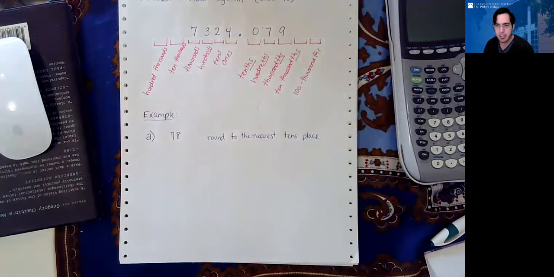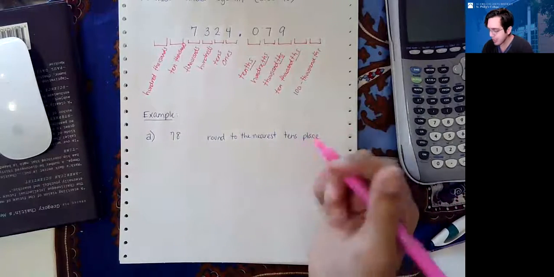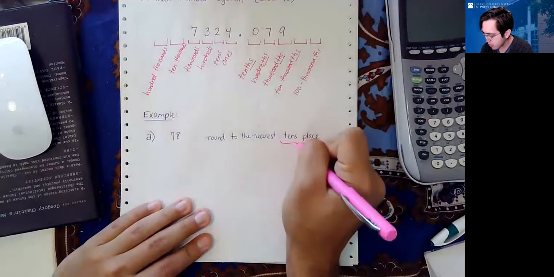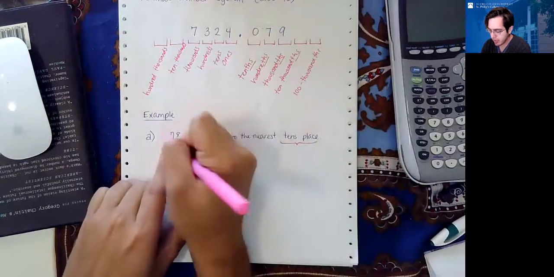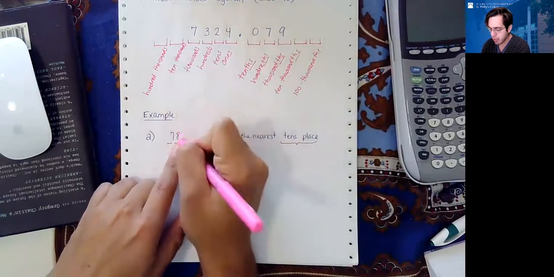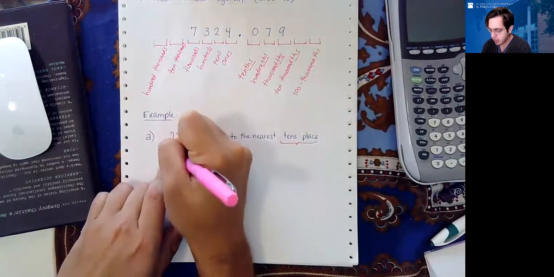Well, this instruction that I've been given, round to the nearest tens place, is basically saying, okay, we're concerned about the tens place. So you could think about these as place values here, the ones place, the tens place. We care about the tens place.